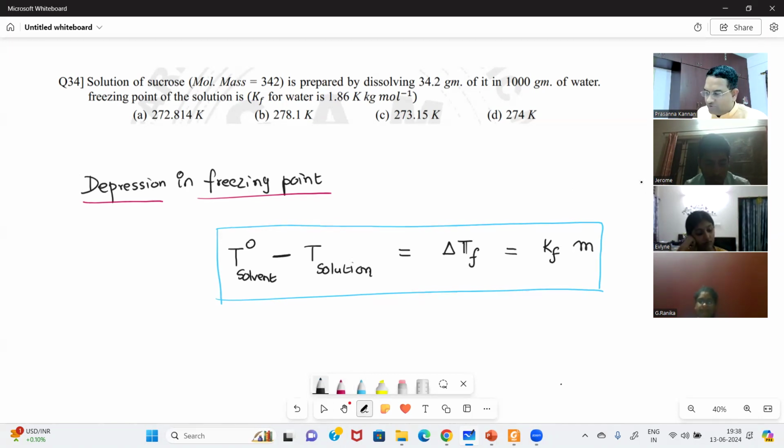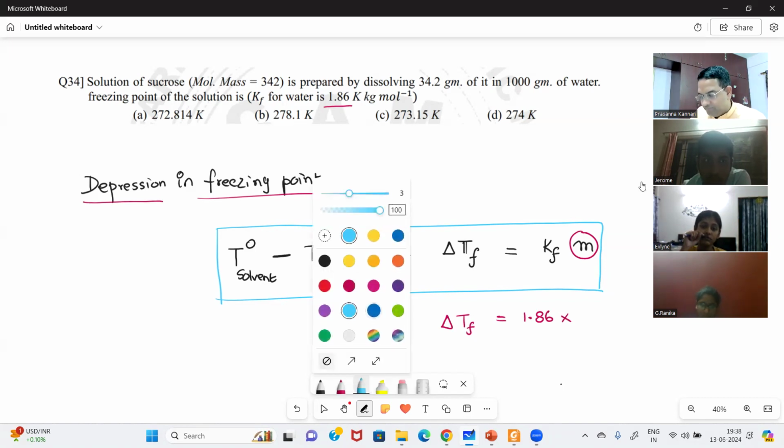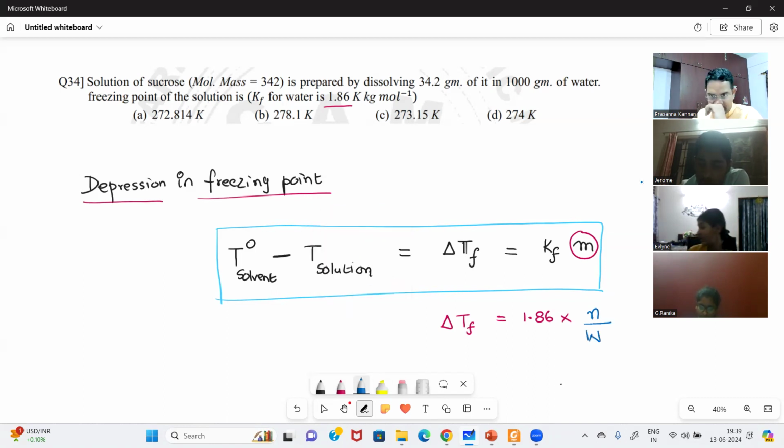So as you can see, all that we need to calculate is molality now. So depression in freezing point will be nothing but cryoscopic constant, and that's given as 1.86, into molality. And what is molality? Number of moles of the solute divided by mass of the solvent in kg.